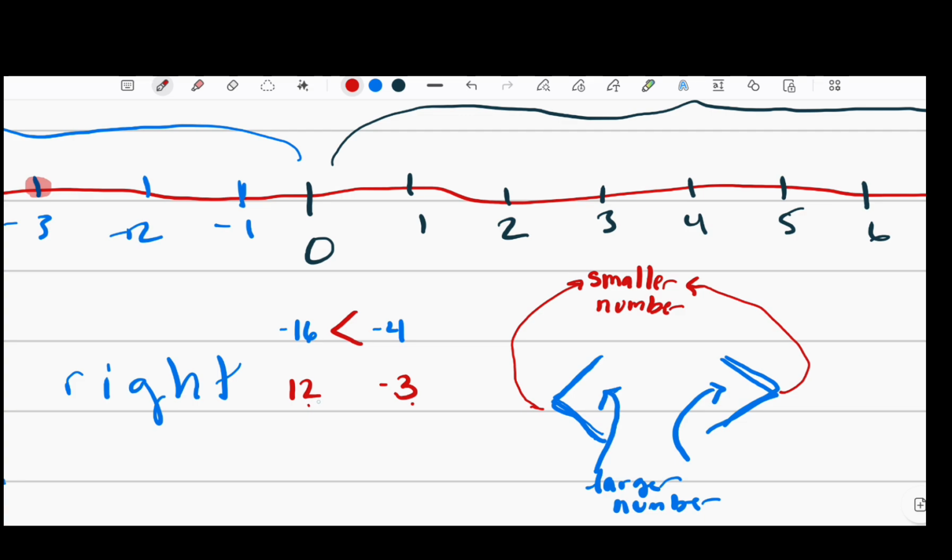The 12 would be. So that means that when you put your symbol, the open end should be toward the 12, where the small end is pointing toward the what? You see it? Pointing in, smaller number. Open in, bigger number. They're just comparing numbers.